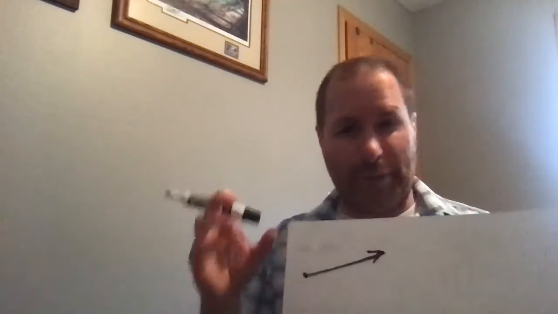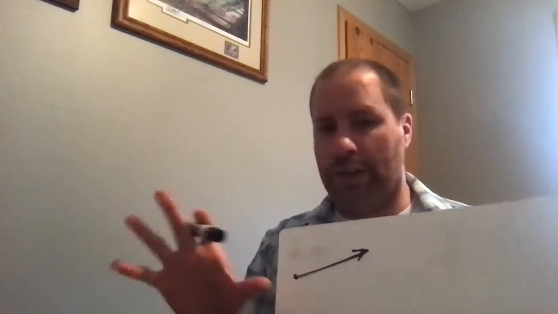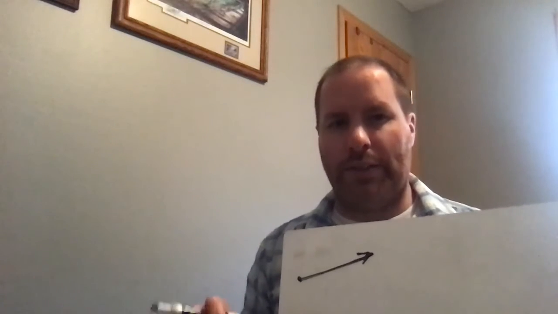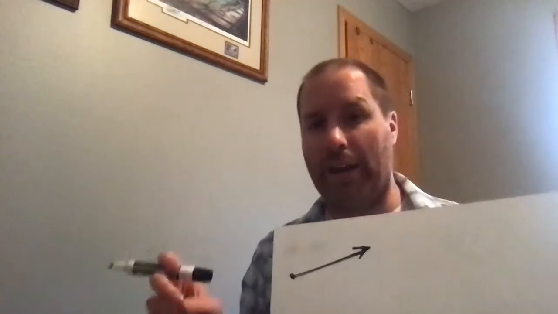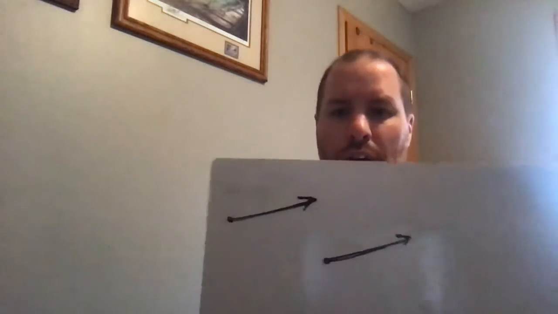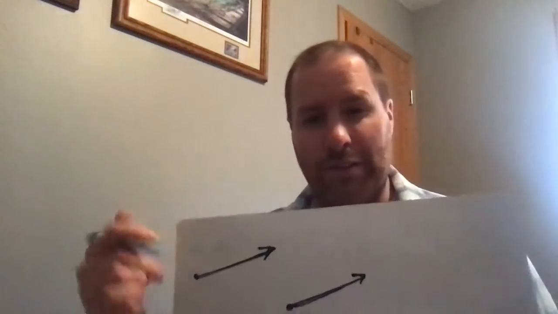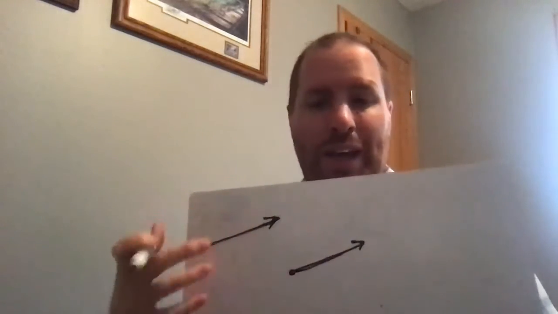Now the thing about vectors that is a little bit different than the rest of math is that it doesn't matter where we draw the vector, as long as it's pointed in the same direction and it's the same size. Vectors are equal, right? So I could take this same vector and I could move over here and draw one kind of here, and these two are essentially the same vector because I drew them at the same angle and the same size.